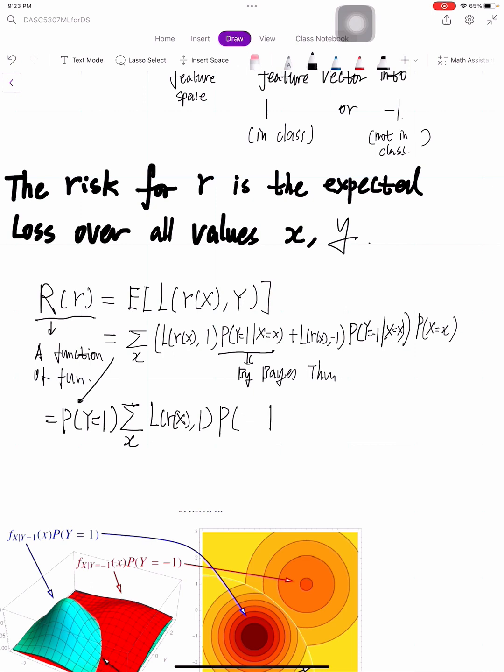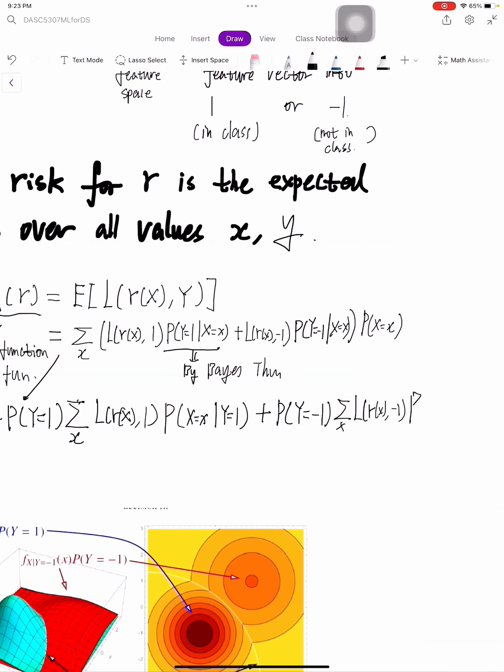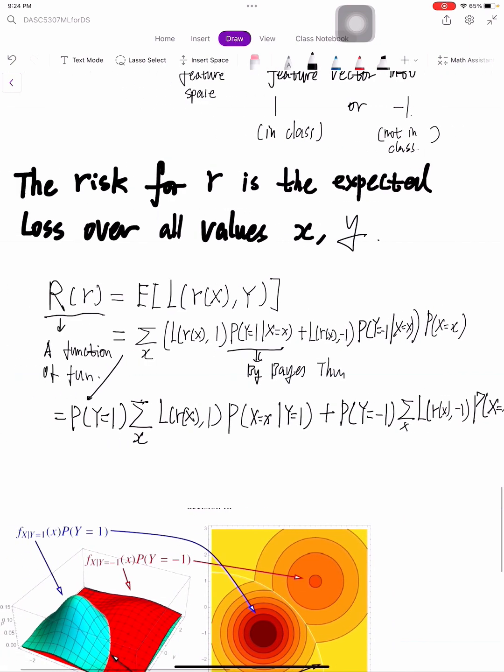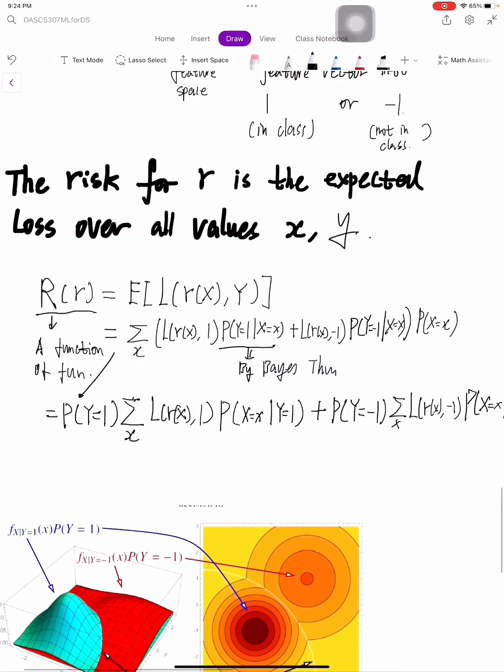We have x given y, plus you flip the probability, x given y equals negative 1. Okay, so this is called expected loss.